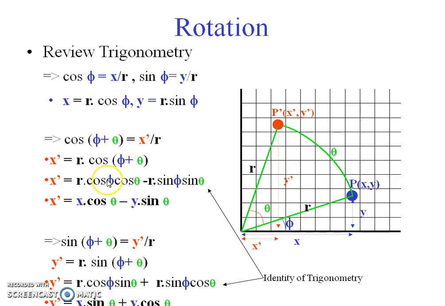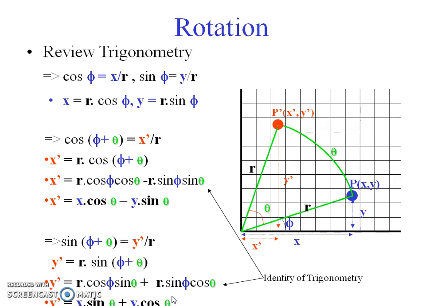These are: x prime equals r dot cos phi cos theta minus r dot sin phi sin theta. For y prime, it equals r dot cos phi sin theta plus r dot sin phi cos theta.